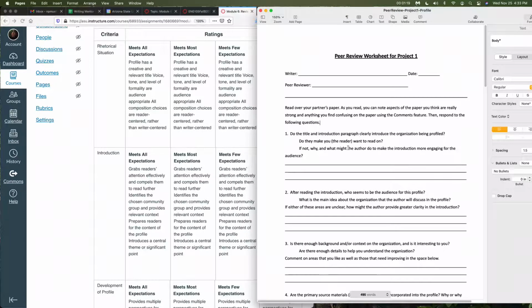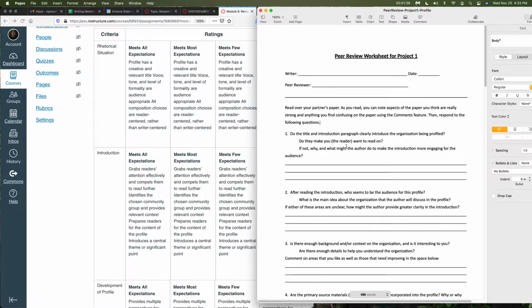All right, so first question, do the title and introduction paragraph clearly introduce the organization being profiled? Do they make you, the reader, want to read on? If not, why, and what might the author do to make the introduction more engaging for the audience? Well, this is like its own little checklist.